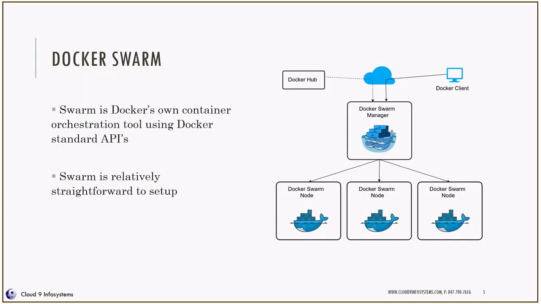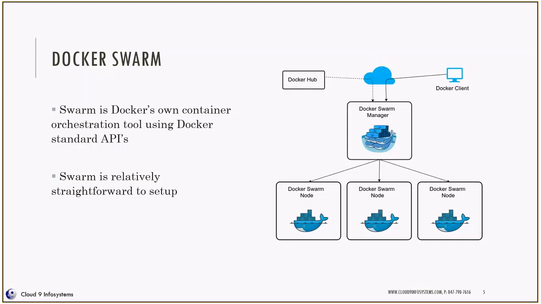Let's go through the diagram on the right hand side of the slide. An overview of the workings of Docker Swarm would be: you have the Docker client, which is basically the UI that the end user communicates with, installed on the user's machine, and it communicates with the Swarm manager.